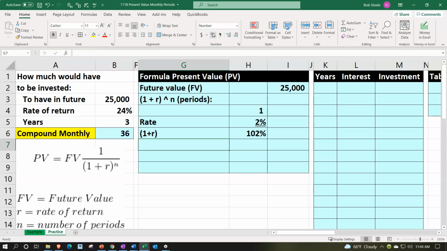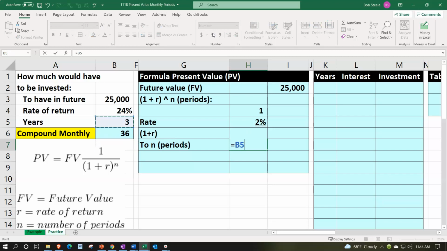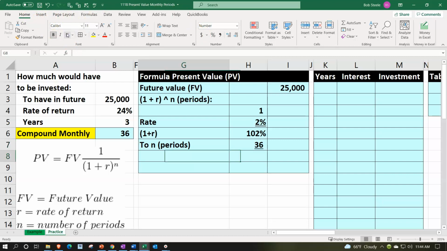And then we're going to take that to the power of n periods. And n, another new thing here, is not 3 years now, but rather 36 months. And so as long as these months match up with the rate, the monthly rate in this case, we're good. We're going to go Home tab, Font group, and underline.